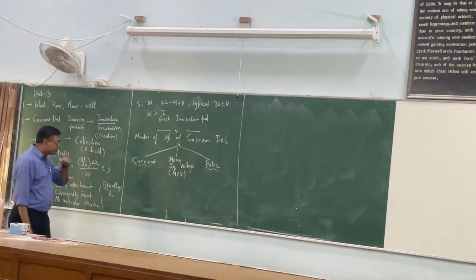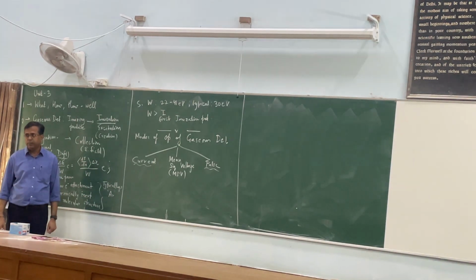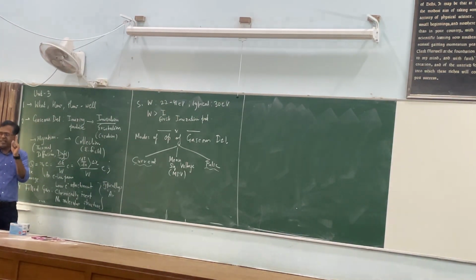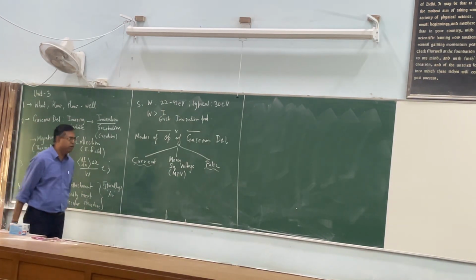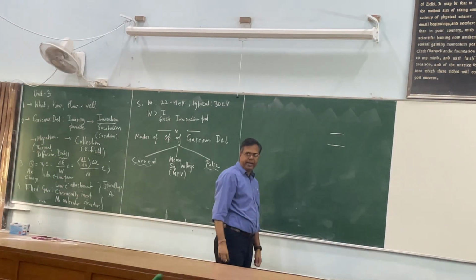Before coming to the modes directly, what happens to this charge migration and collection when a single charged particle passes through my detector? So let's just take a detector, right?